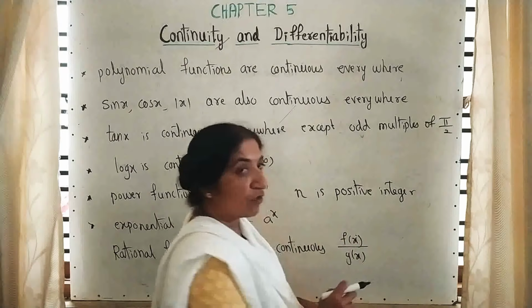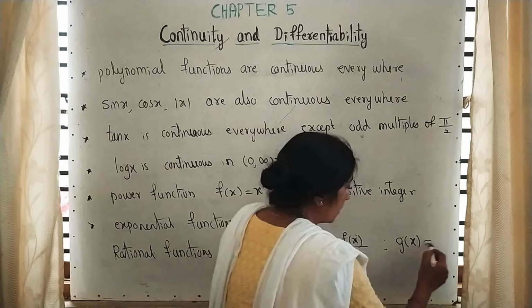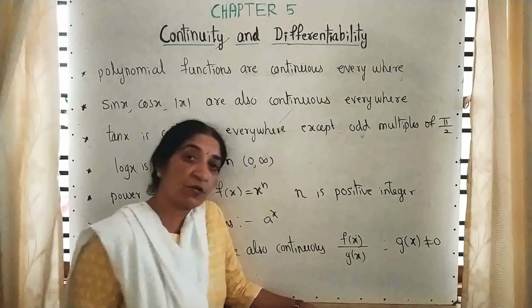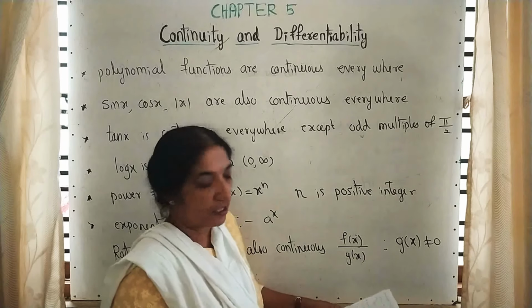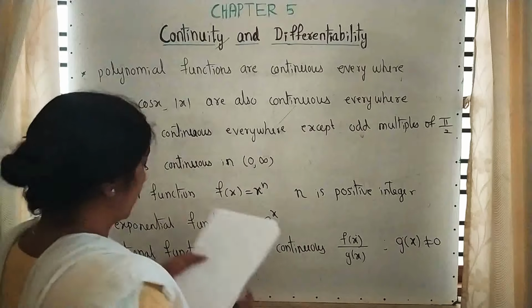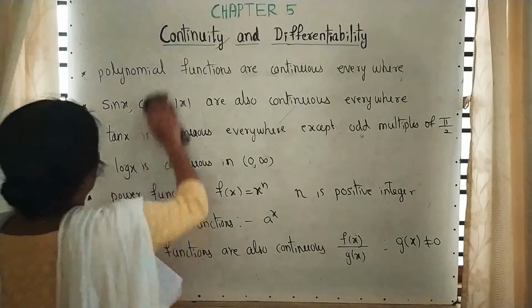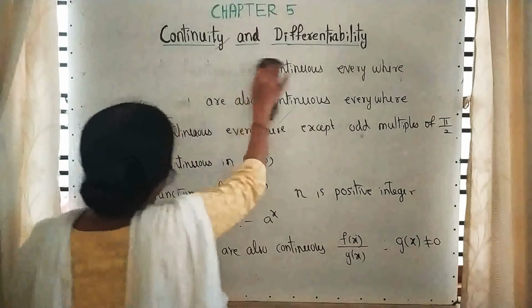F of x and g of x both are continuous, but one thing you have to remember, g of x is not equal to 0. Why not equal to 0? If it is equal to 0 you will get infinity. The function is not defined. So these are the important points you have to remember. Again, I am giving you some important properties before moving to the examples, exercise.